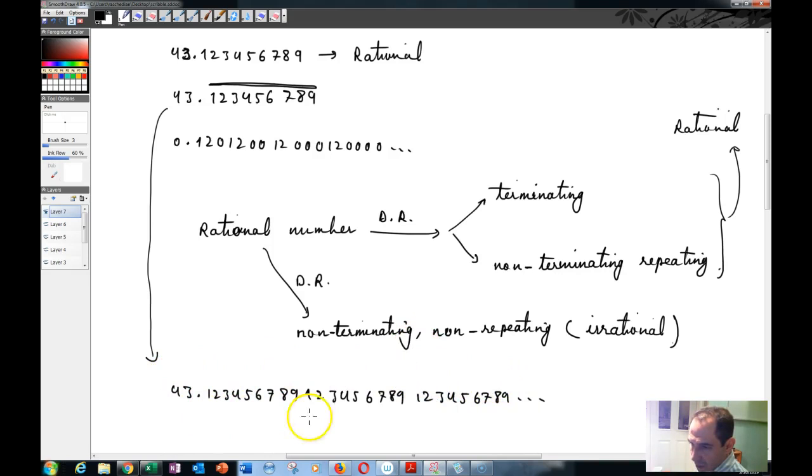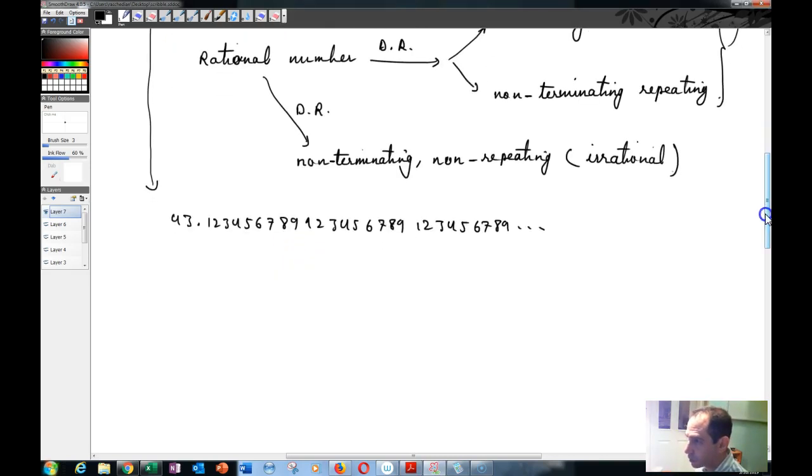The example that we had for this kind of number was 1/7.